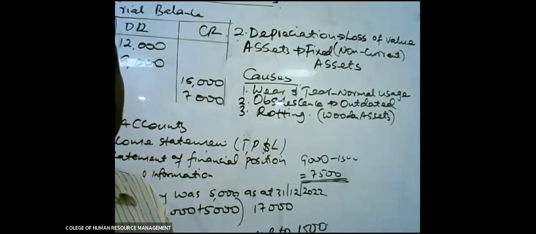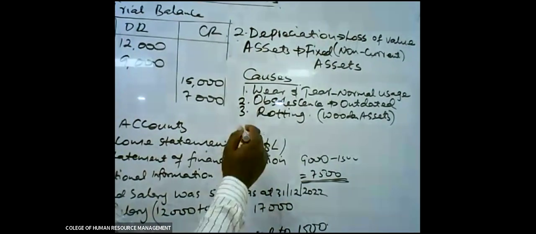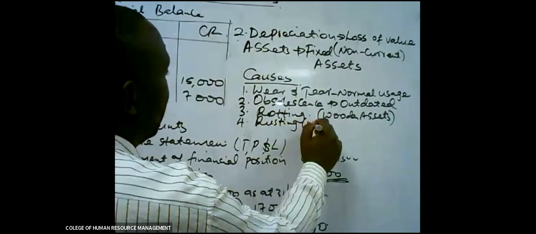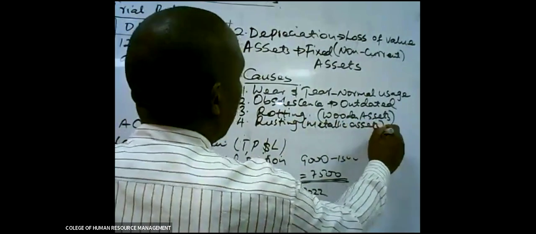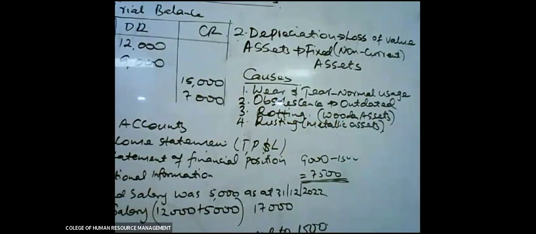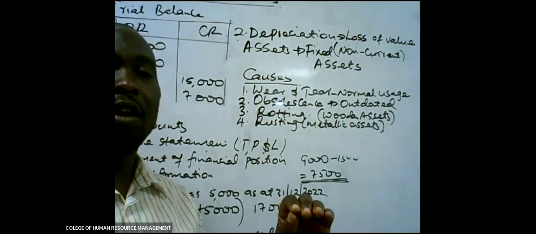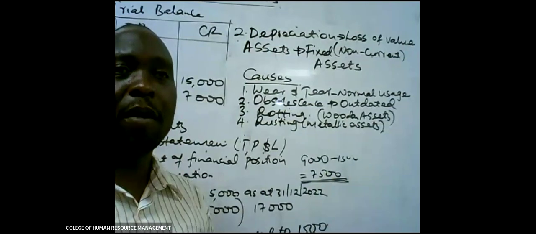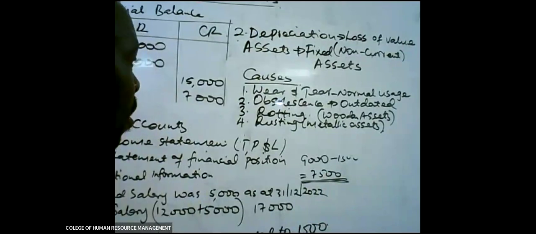And as they rot, their value will reduce due to exposure to rain and something like that. Number 4, it is about rusting. This one affects the metallic assets. If you have your metallic assets, the equipment, the motor vehicle and all that, and then you don't oil them, you don't keep them safely, you leave them outside, they will rust. As they rust, they lose value.